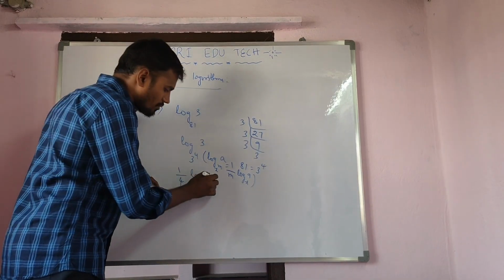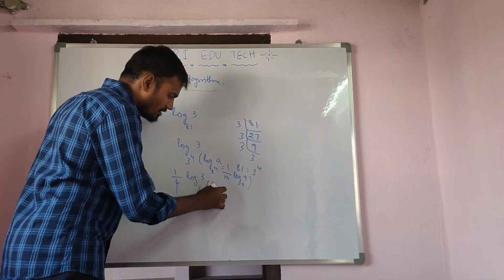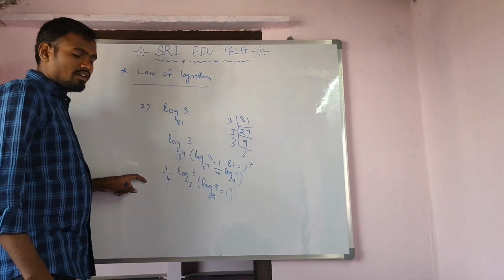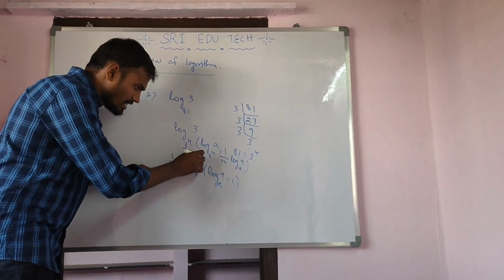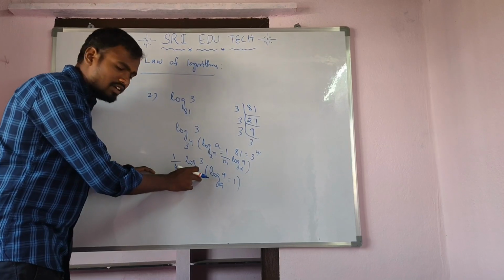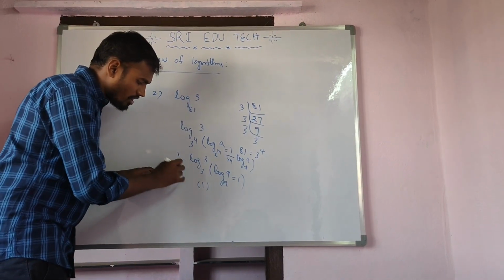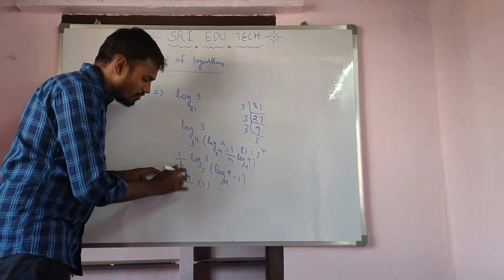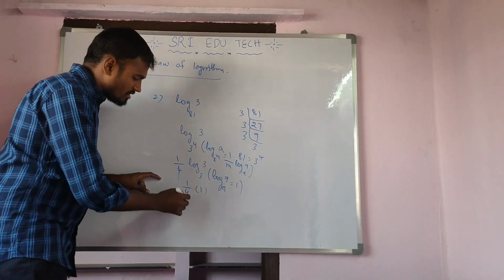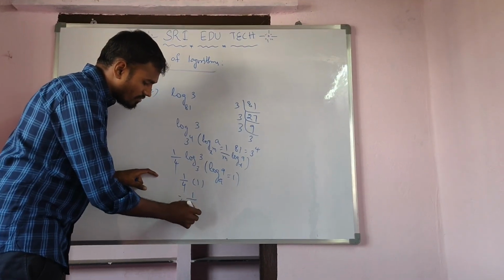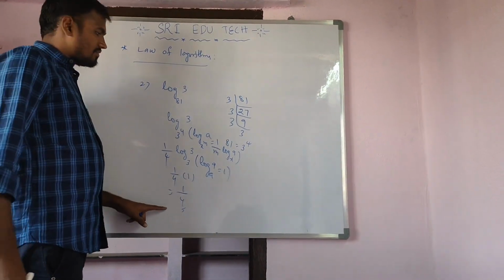Right? You have also one formula here: log a to the base a is equal to 1. See here, log 3 base 3, in the replacement of this term we have to keep 1. Then what is before 1? 1 by 4. Then we multiply 1 by 4 into 1 is 1 by 4. This is the answer. Right?